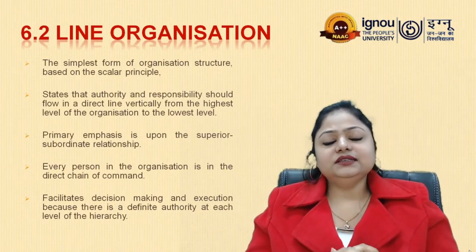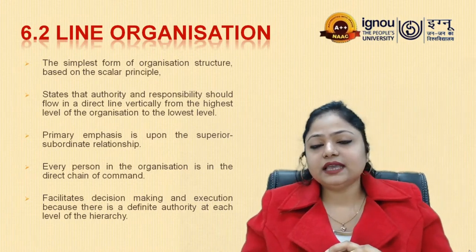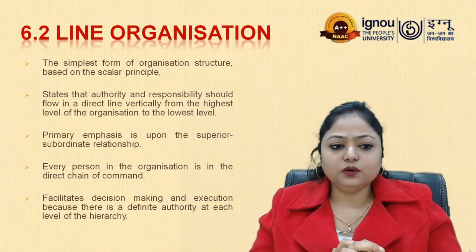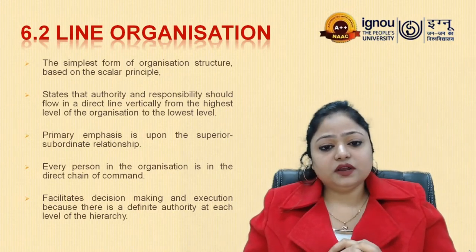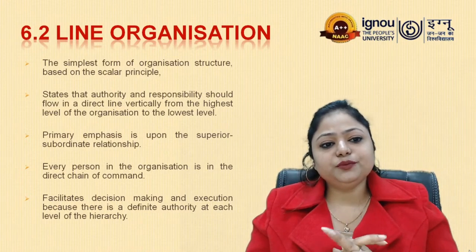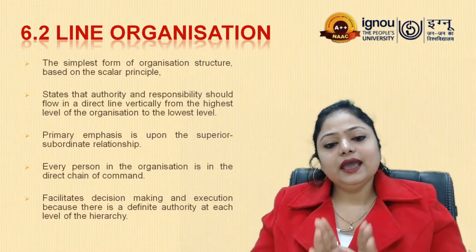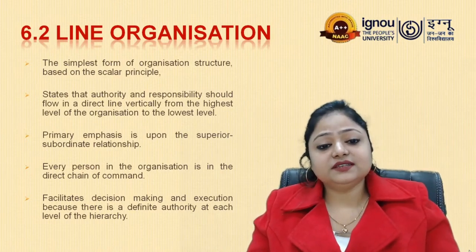What is this? It is the simplest form of organizational structure, based on the scalar principle of Henri Fayol's 14 principles of management. It states that the authority and responsibility relationship should flow in a direct line, vertically from the highest level of the organization to the lowest level.